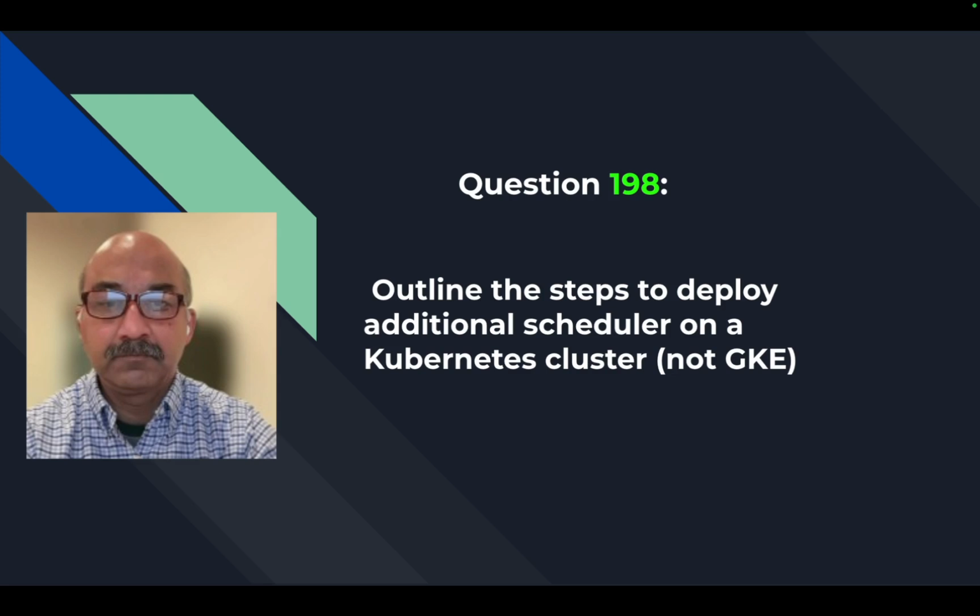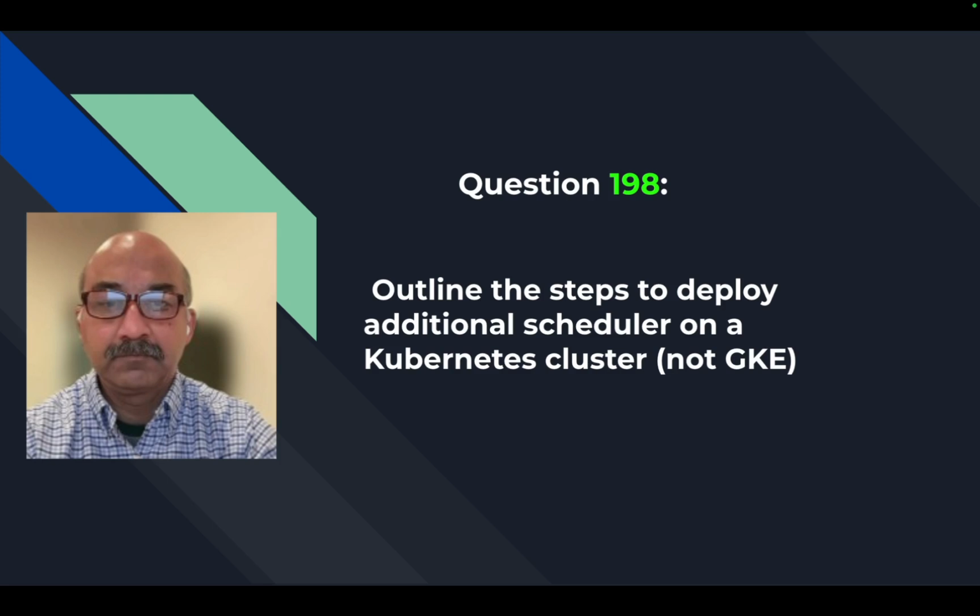Okay, the question today is: outline the steps to deploy a new scheduler on a Kubernetes cluster that is not the GKE default scheduler. That's the question. This is a little bit of an advanced question, if you will, because normally it's not something you do. There has to be a really good reason for you to come up with a new scheduler besides the one that Kubernetes provides.